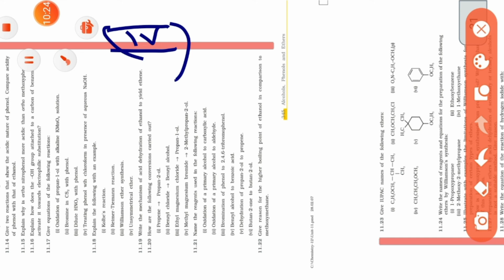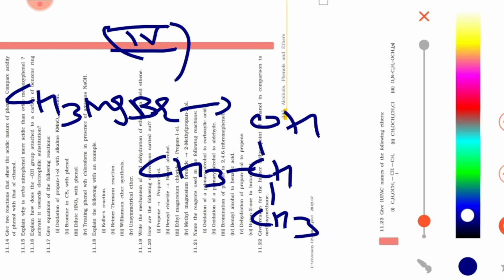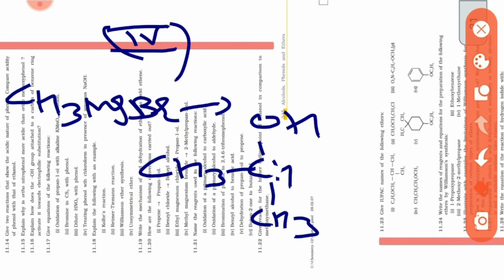Now see its fourth part. In the fourth part, they are asking methyl magnesium bromide, CH3MgBr, to 2-methylpropan-2-ol.